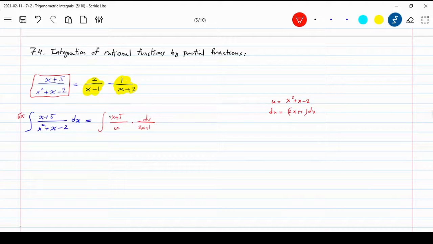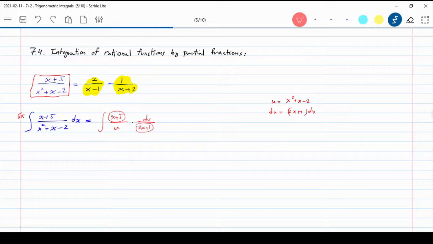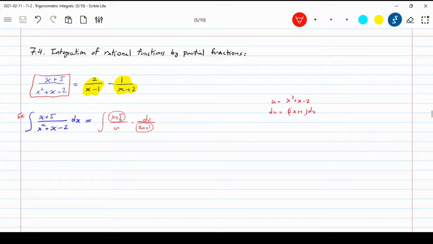Here's where the issue comes in. We cannot cancel these two out, so we have to come up with a trick to get rid of these x variables. Normally you write the numerator in terms of 2x plus 1, or at least a factor of that, so you can cancel it out.